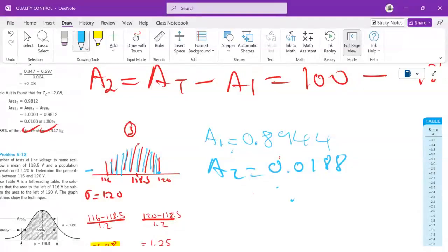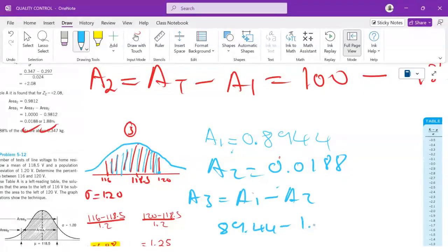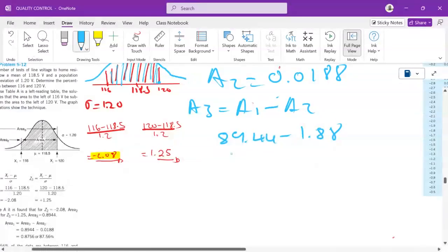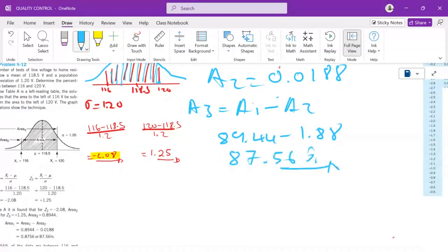So area 3 equals A1 minus A2. Convert them into percentage form and you get 89.44 minus 1.88. Then this becomes 87.56%.